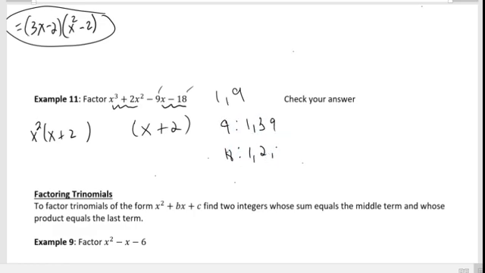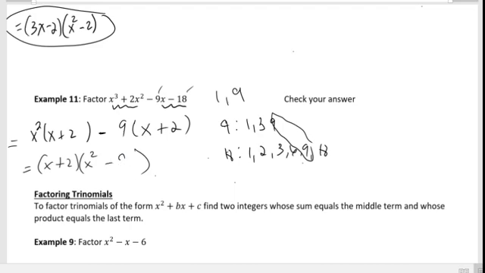For 18, we have 1, 2, 3, 6, 9, and 18. So 9 is what they have in common. I need the 9x to be negative, so I'm going to have a negative here. And negative 9 times x is negative 9x, and negative 9 times 2 is negative 18. And so notice that they have an x plus 2 in common. So I can factor out an x plus 2, leaving me with an x squared minus 9.